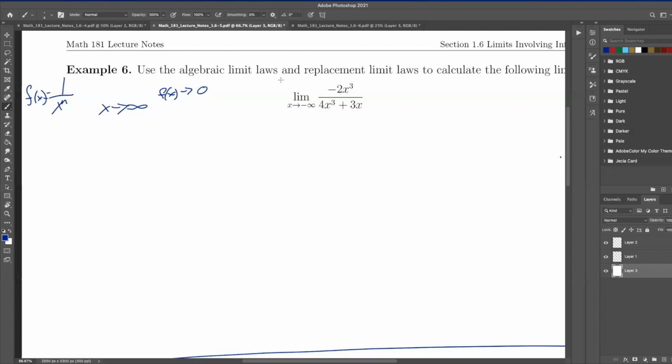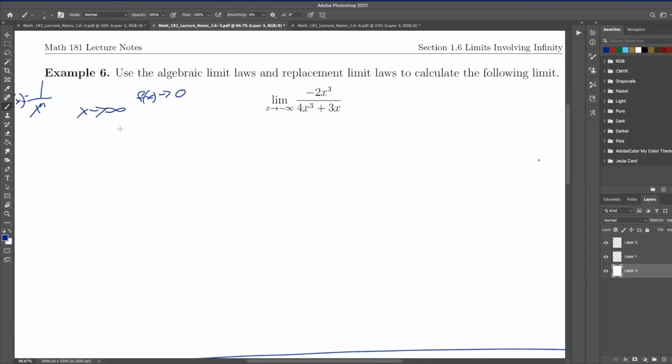I'm going to use this property to solve these. So what you do is you divide by the highest power in the denominator.